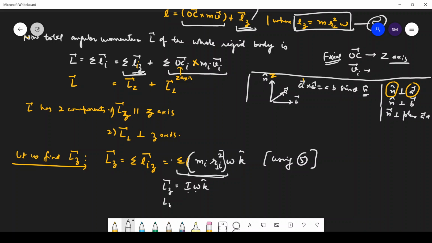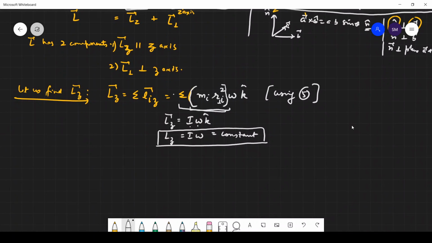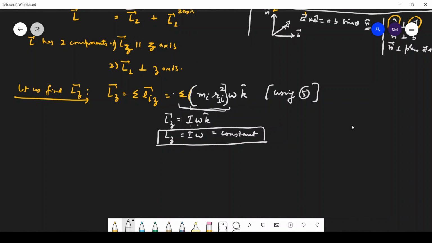So LZ, that's equal to I omega, is equal to constant. So that's a very important concept, students. That's an important derivation. So what is the significance of this, LZ equals I omega constant?